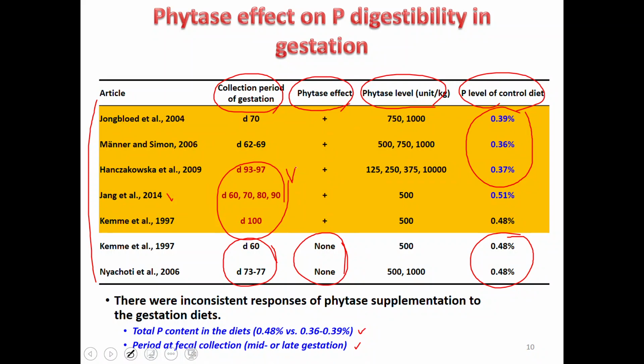So we could detect more pronounced phytase effect. And then phytase effect is also feasible when you use low phosphorus content in the control diet, okay, compared to when you have high phosphorus content, normal phosphorus content in the diet.